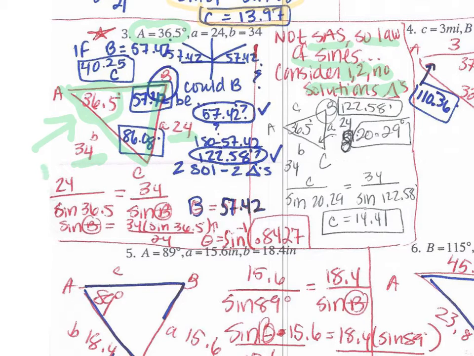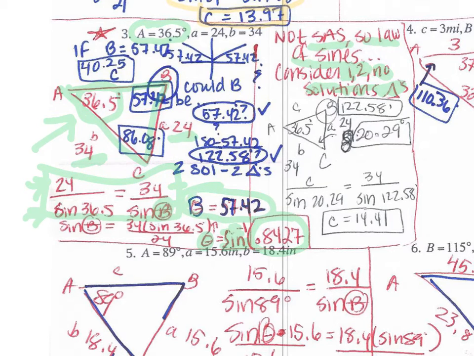So I chose to use law of sines to search for angle B. I did little a over sine of A is equal to little b over sine of B. I then isolated theta, aka B, as the inverse sine of the value I got when I cross multiplied and simplified, and I got B, or theta, was 57.42.